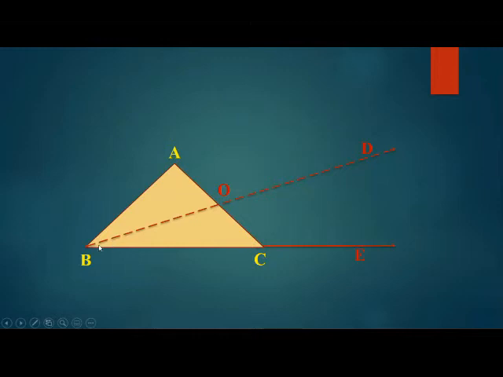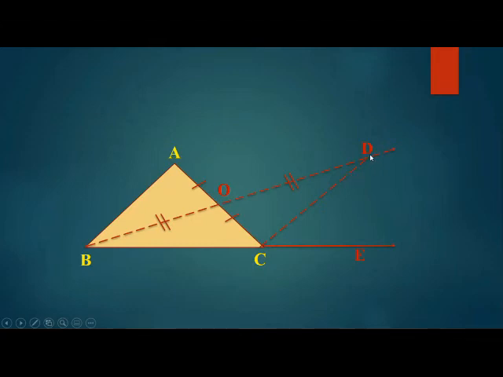We have constructed a line. First, we have cut AC at the midpoint, which means that AO and OC are equal to each other. Then from this midpoint, we have joined B. Also, we have extended this line to D in such a manner that BO is congruent to OD.